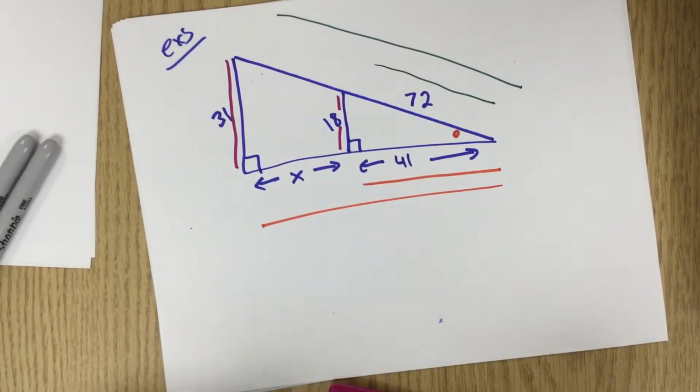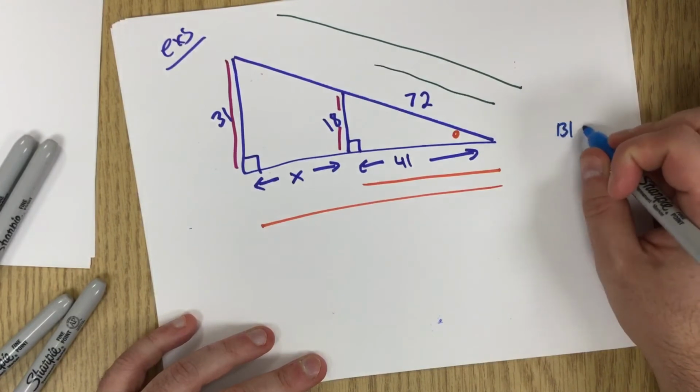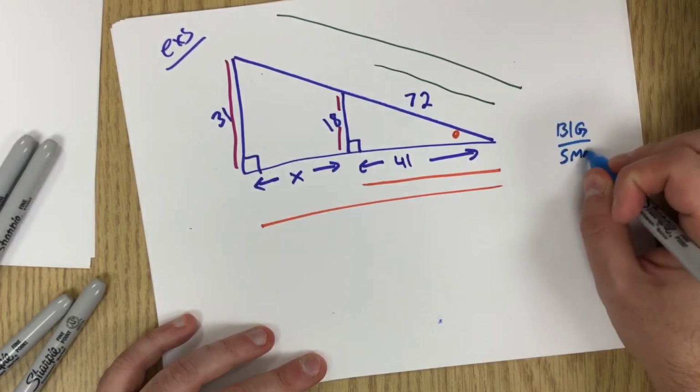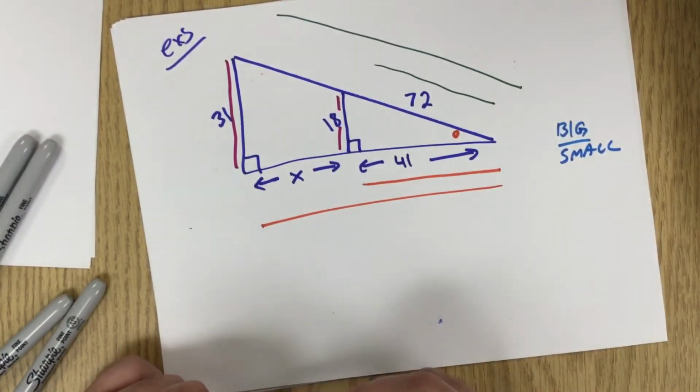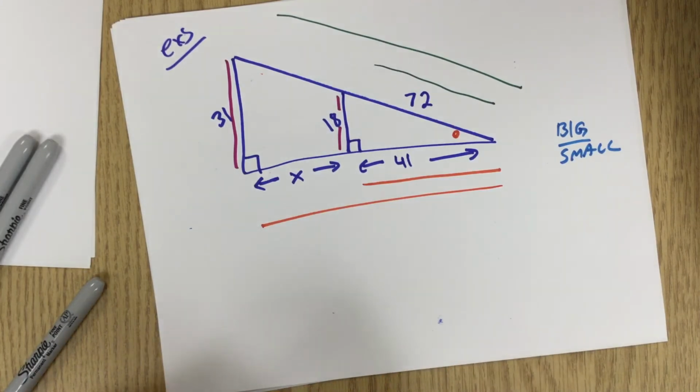So we're going to say that it's going to be big over small. So what we have is, should we do it? We'll do it like that. Fine. We'll start off with the hard one.